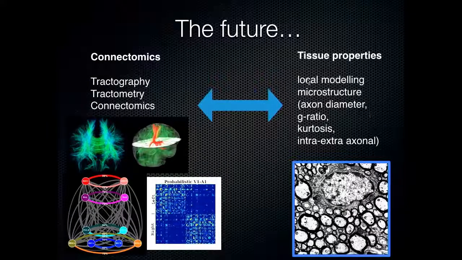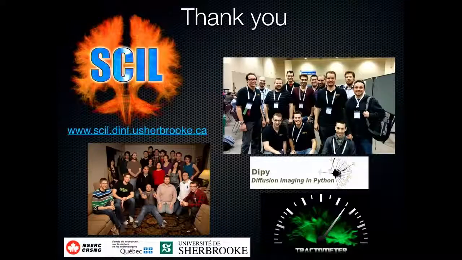So with that, I think there are limitations of tractography, but there might be a bright future where we can try to fuse local estimation and tissue properties with the regularization and tracking through these orientations and local features. Thanks a lot, and I'm around for questions.